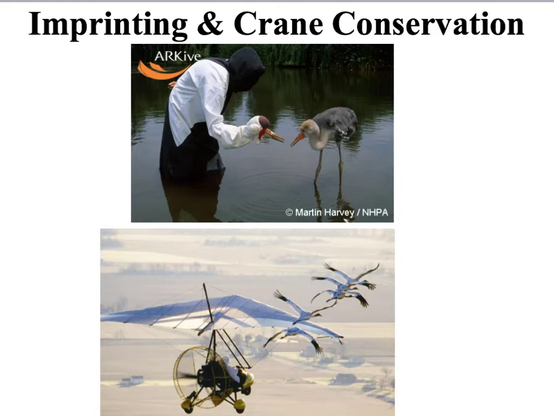Another interesting thing they did was they used these aircrafts that are shown here to teach the whooping cranes the appropriate migration patterns. So this way they were able to raise whooping cranes in captivity, but not have them imprint and be endangered even further by imprinting on the humans.